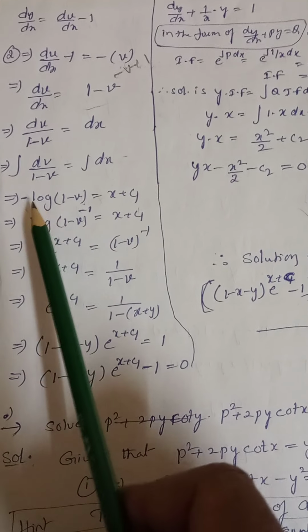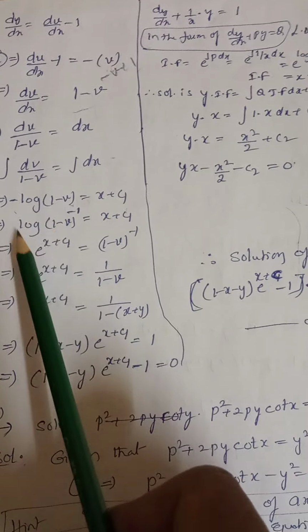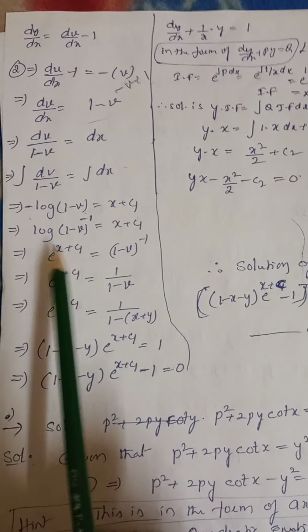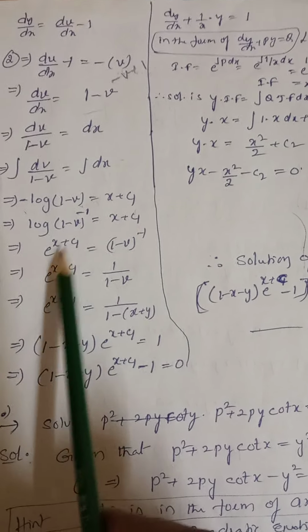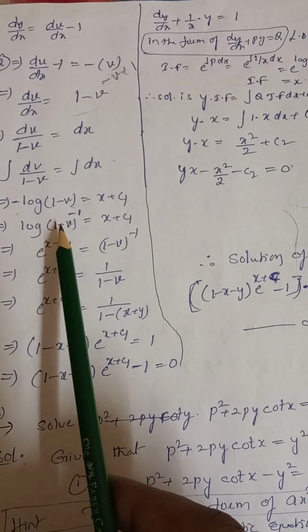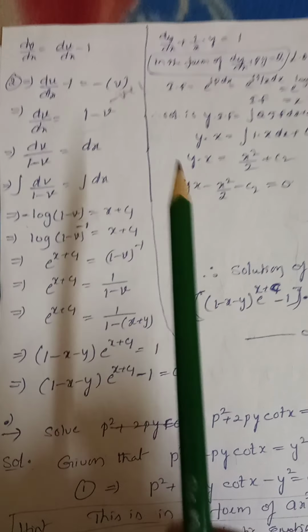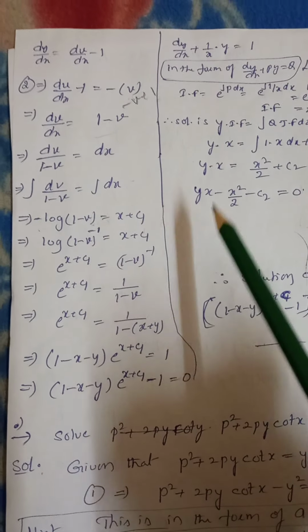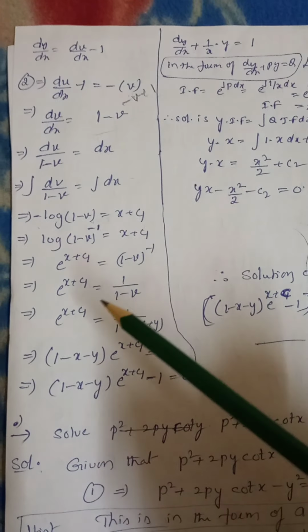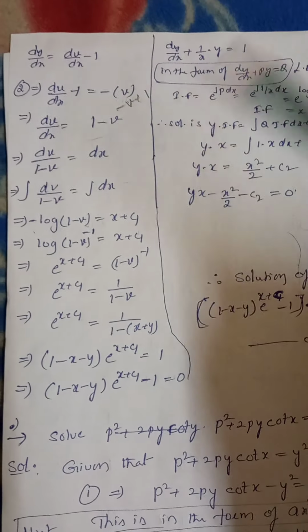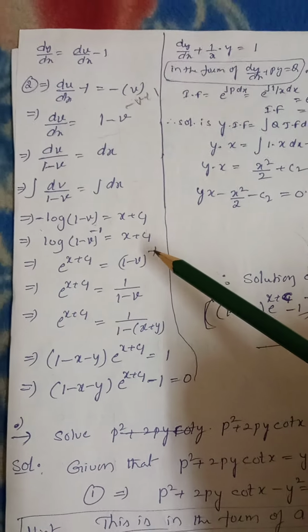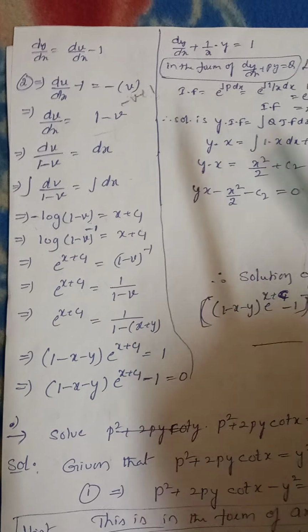Now log of 1 minus v, whole power minus 1, is equal to x plus c1. Here log means to the base e, so e to the power of x plus c1 is equal to 1 minus v to the power of minus 1. E power x plus c1 is equal to 1 minus v whole power minus 1, which can be written as 1 by 1 minus v.